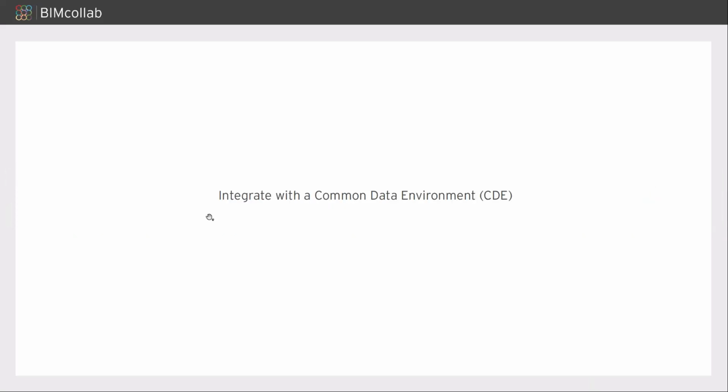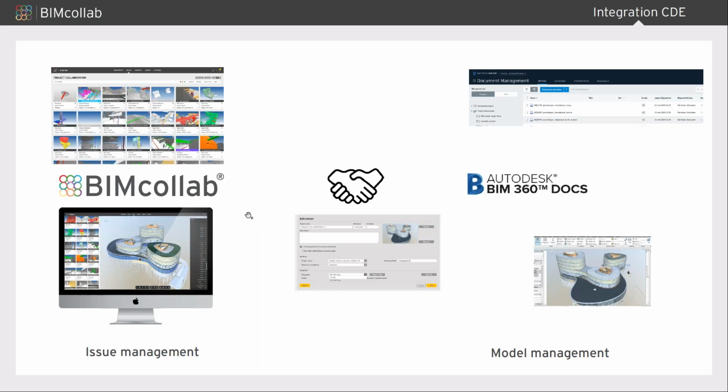So for the next part, I will be looking at the ability to integrate with a common data environment. Specifically for this purpose, we had some questions from our clients that the web application is a great tool, but they wanted to be more interactive at some point.